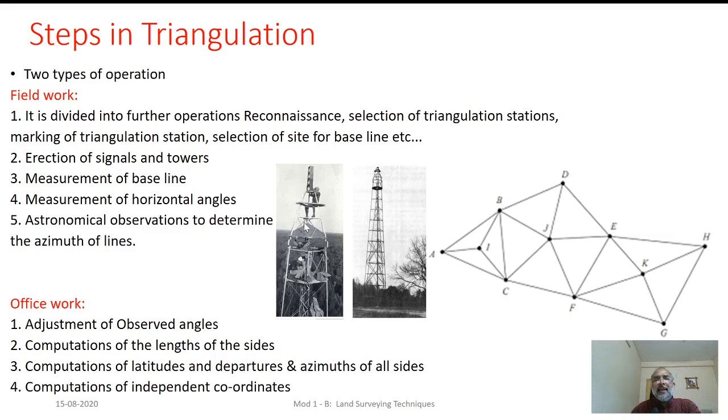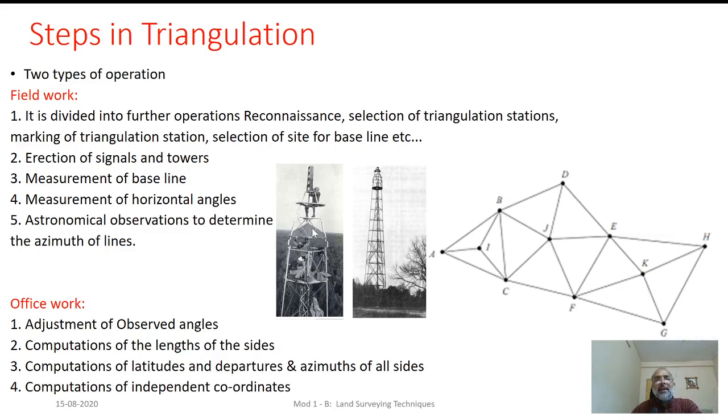The signal is some device erected over the triangulation station so that it would be seen from longer lengths. It could be luminous, non-luminous, or even opaque in nature. The way you see here, people are standing, and a very huge structure, 30 to 40 meters high, is erected.